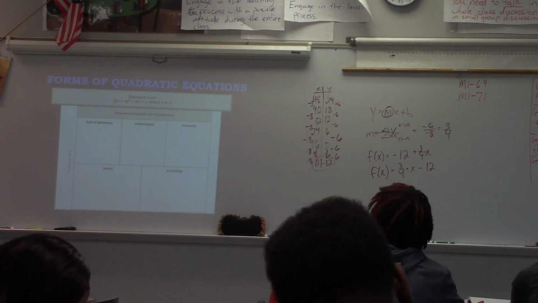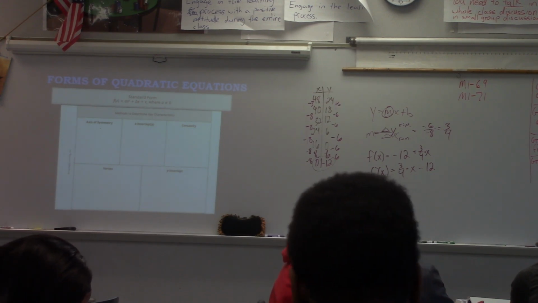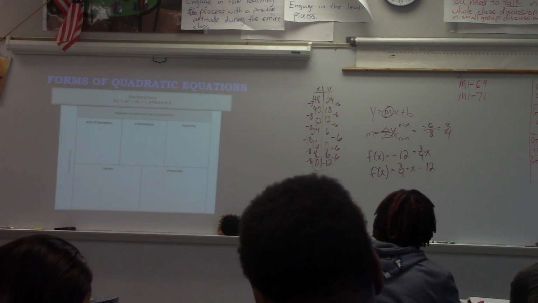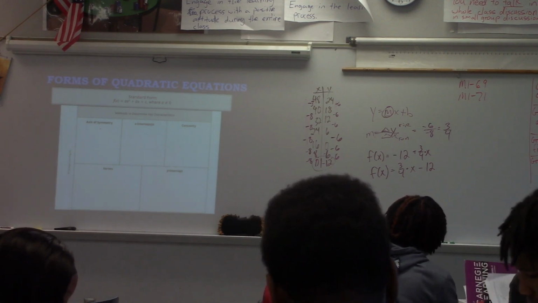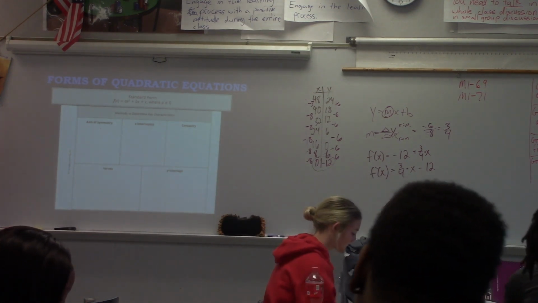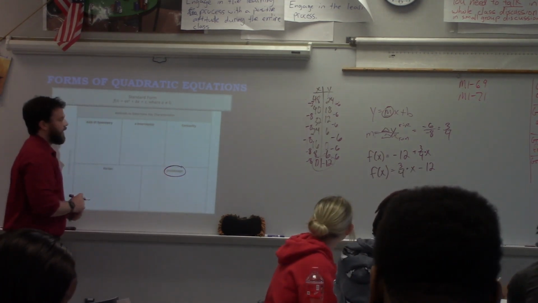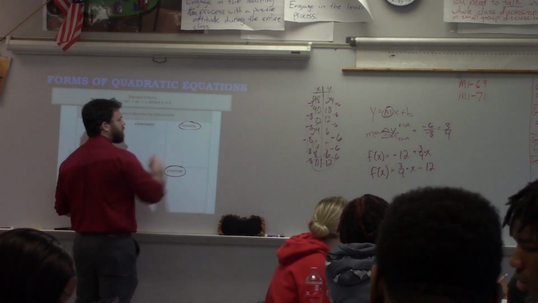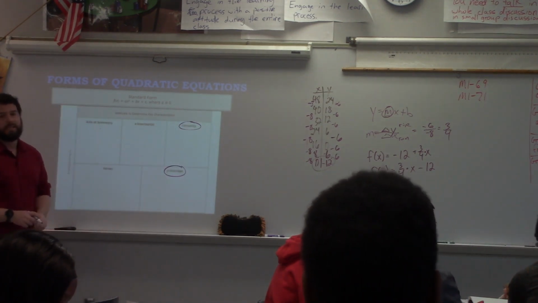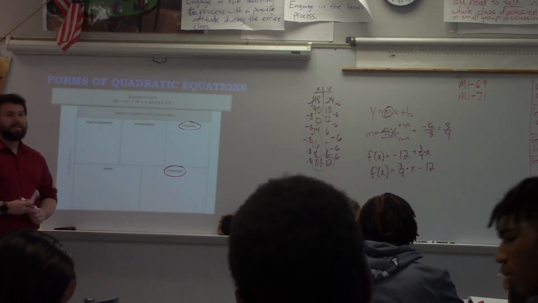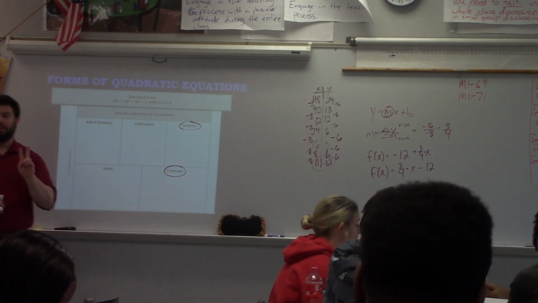Quickly, let's circle the features we can easily see from standard form. Which features can we easily see from standard form? Y-intercept and concavity, right? Those are the ones that are easy to see. We can still get at least two of these.